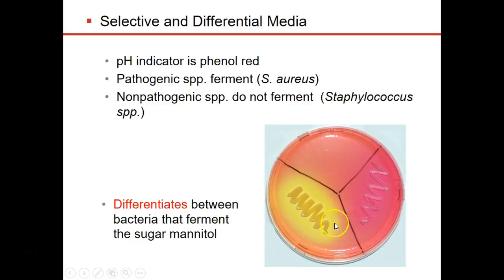So this test will select for salt-tolerant bacteria, and then it differentiates the mannitol fermenters from the mannitol non-fermenters. So this is an example of what Staphylococcus aureus looks like on a mannitol salt agar plate. Over here, you see what Staphylococcus epidermidis would look like on the mannitol salt agar plate.